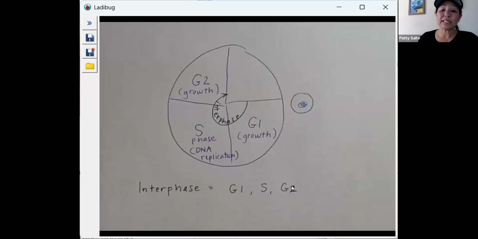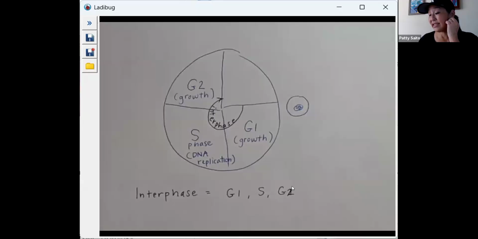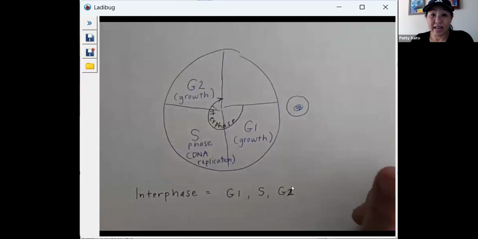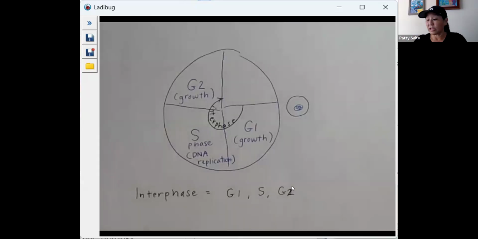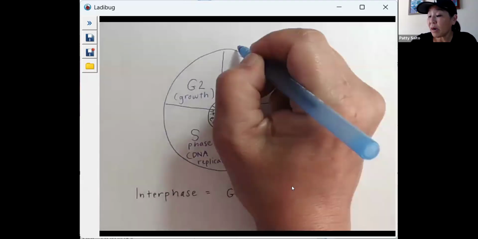Okay, now a cell will spend most of its life in interphase. And then we come upon the process of dividing. Now, the process of dividing is complex, and it's actually made up of two parts. The first part is called mitosis.